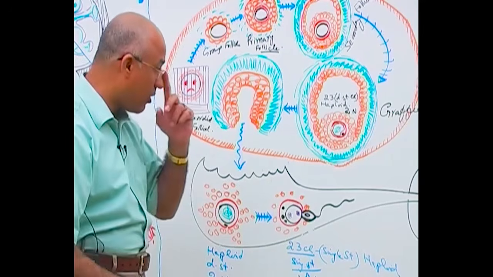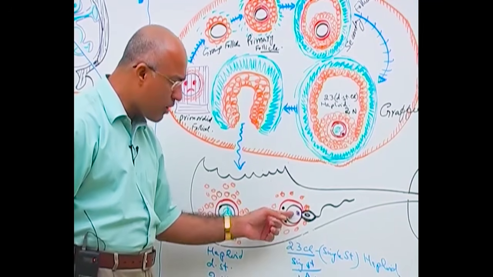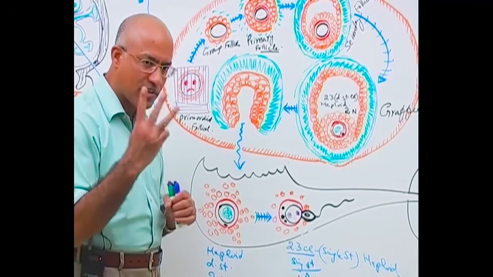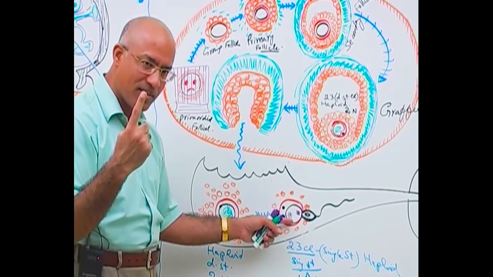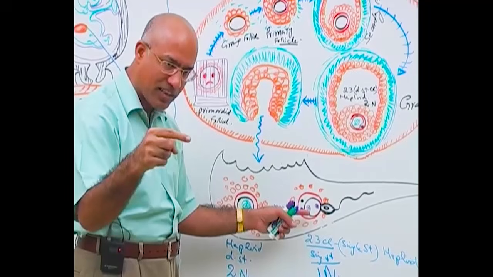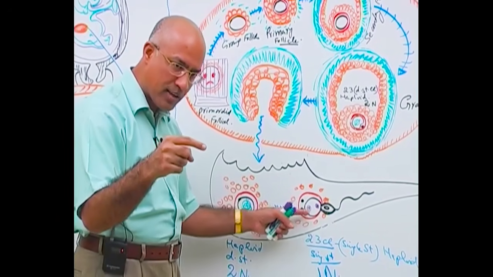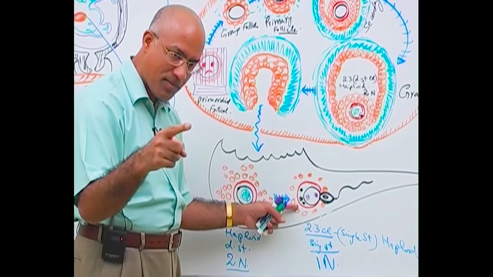Is that right? Now, at the time of fertilization, when sperm fertilizes ovum, three things happen. Number one, the second meiotic division is completed. I'm repeating it. The second meiotic division is completed at fertilization as soon as sperm touch. Another polar body is thrown out. Is that clear?